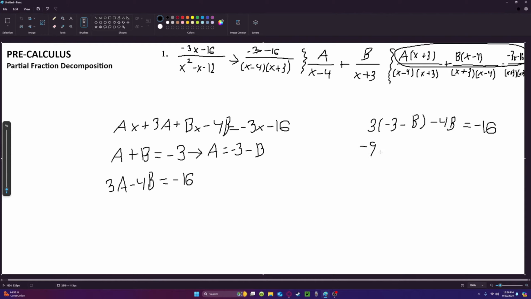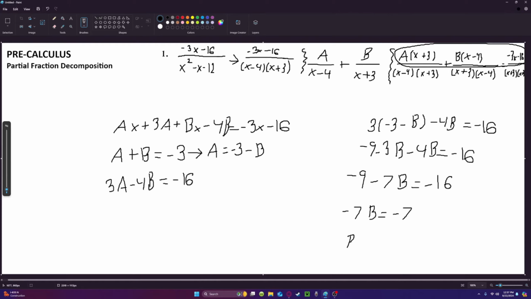Negative 9 then, and then we have negative 3b minus 4b equals negative 16. Keep going. Negative 9 minus 7b equals negative 16. You add the 9 on both sides. Negative 7b equals negative 7.